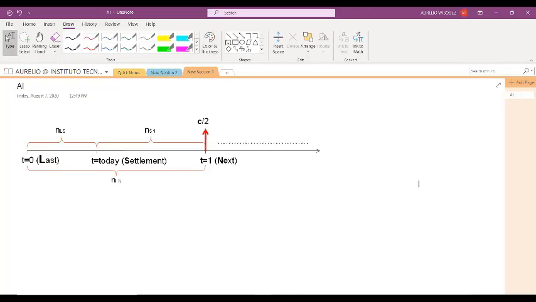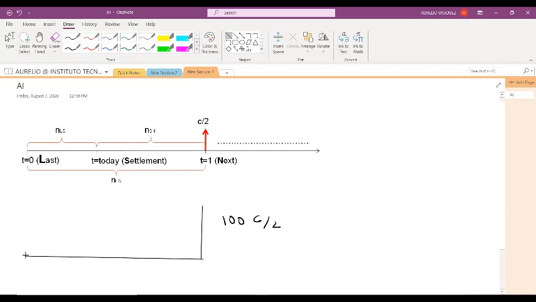The important thing here is that there's going to be a coupon. It's going to be paid at t equals 1. So what I'm going to do is draw this triangle to be able to understand what's going on. Here I'm going to receive the full coupon, so let's write it the same way that it was written before. Here I'm going to receive 100 times c in percent over 2.